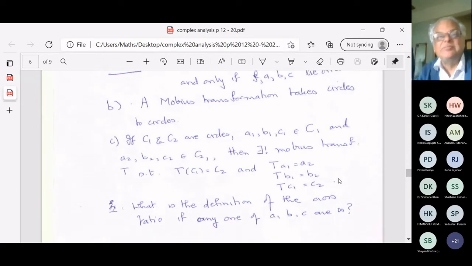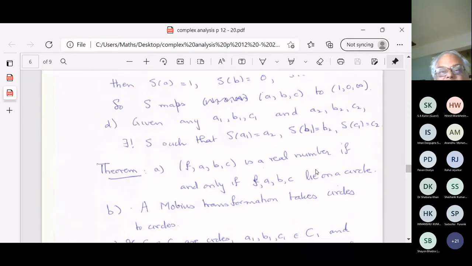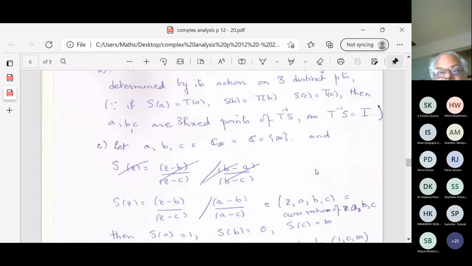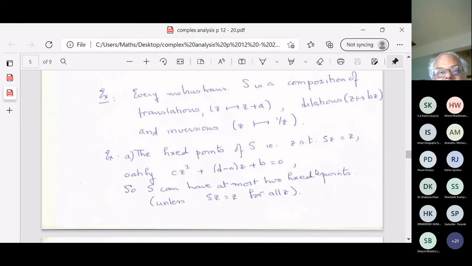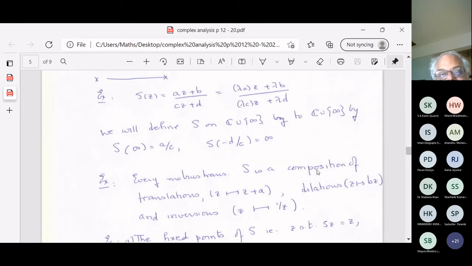When I stopped last time, as I said, I am not going to prove these statements. The proof of these statements is quite straightforward. Okay, they're not at all difficult.